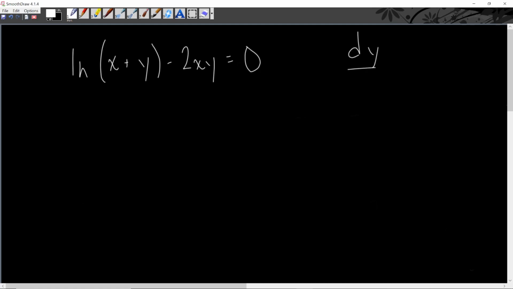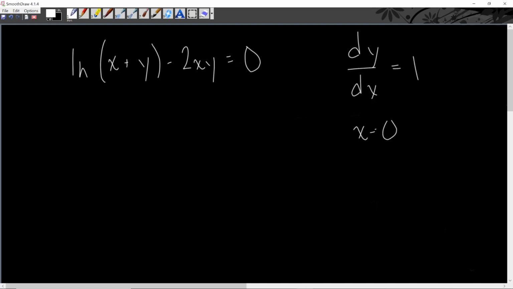But yes, the solution to all of that, let's write down our original equation. We have ln of (x plus y) minus 2xy equals 0. And then the solution to dy/dx when x is equal to 0 is going to equal positive 1.